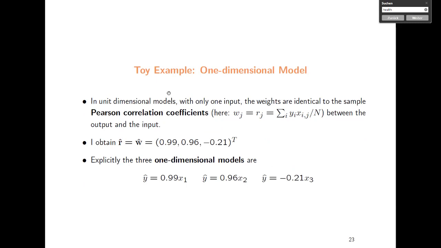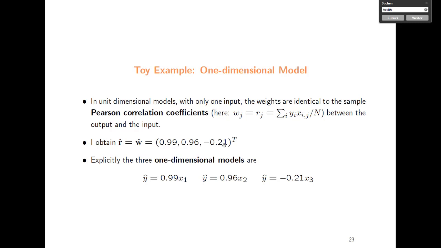First we do a one-dimensional, or univariate, analysis, where we try to predict y for each input separately: for x1, x2, x3 separately. In this case, I get for the w's, according to our formula, 0.99, 0.96, and minus 0.21 for the different parameters.